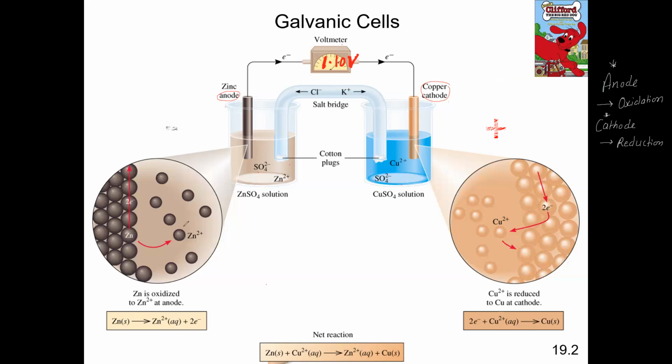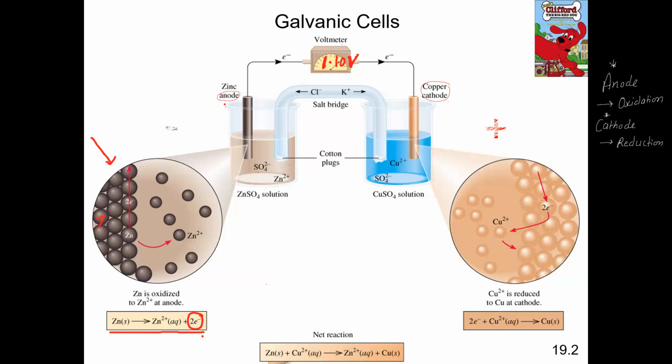Okay, so here, what happens in the anode compartment? This reaction, where are these electrons going? Check the microscopic picture. These pictures are very important nowadays.